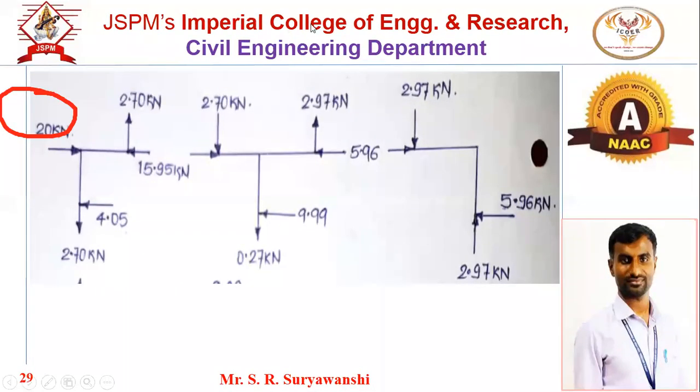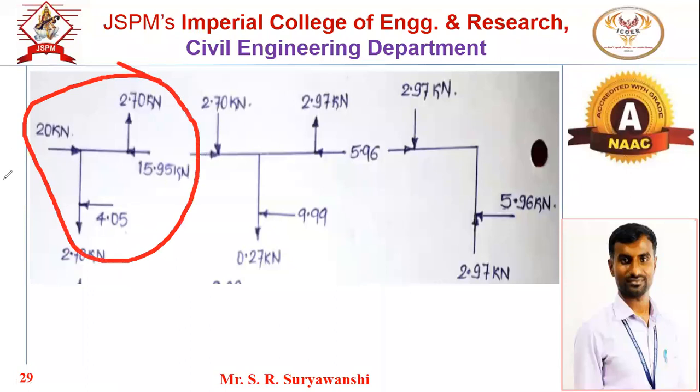So this is the first joint. Now tell me, what is the shear force here? And the bending moment you have written, that is 8.1. What is the shear force here, in the case of the beam in this diagram?